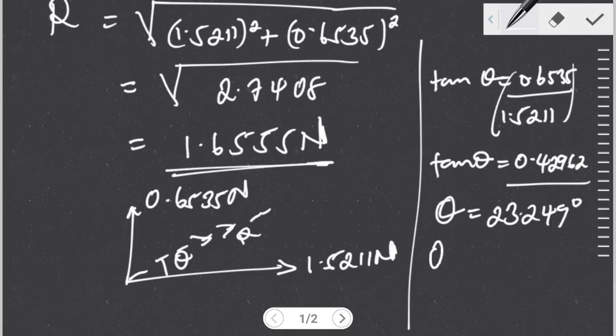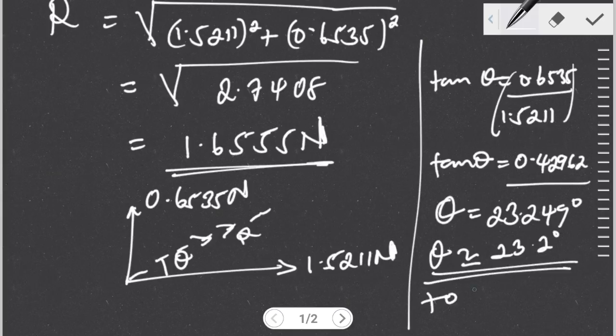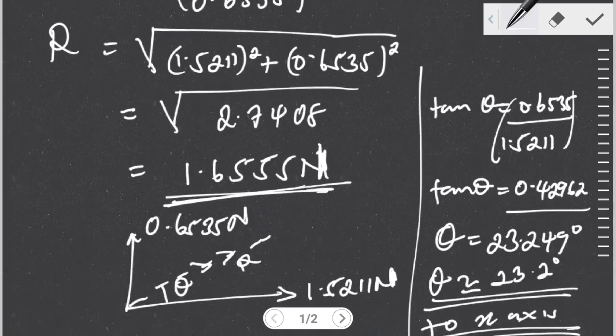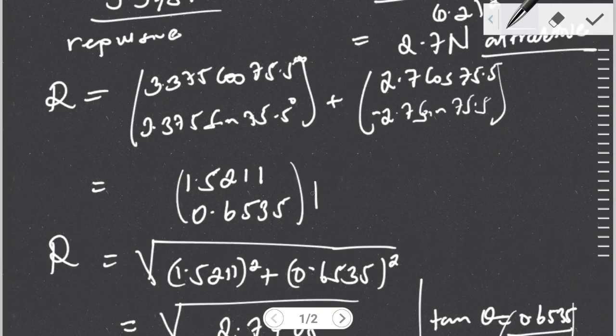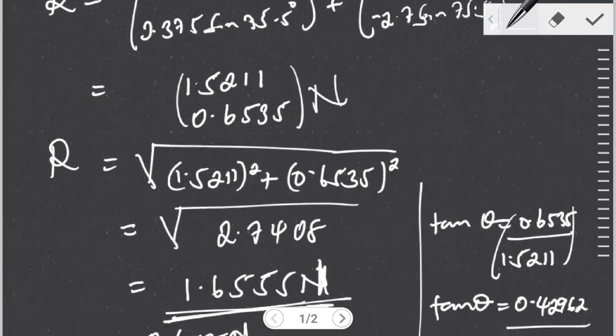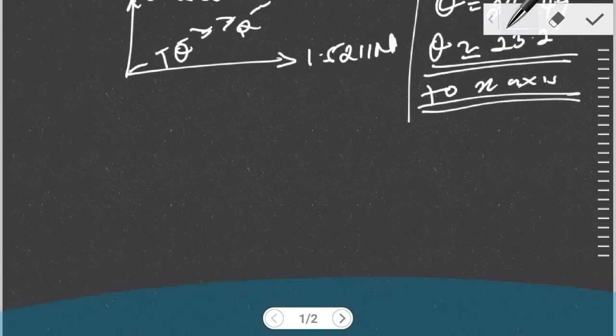So theta is approximately 23.2 degrees to the x-axis, and this would be my direction for this force and the resultant, which was obtained as 1.6555 Newton. Everything looks to have worked out. So this is how we work out such a problem. Go step by step until you reach the final step.